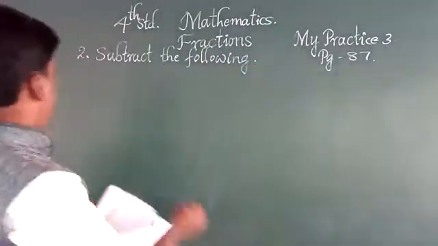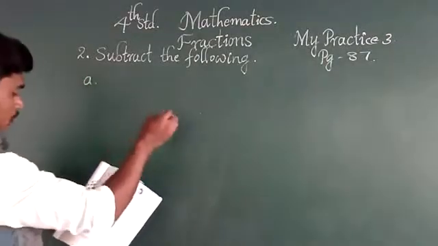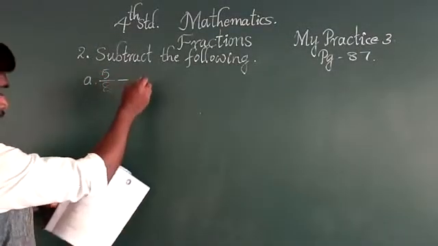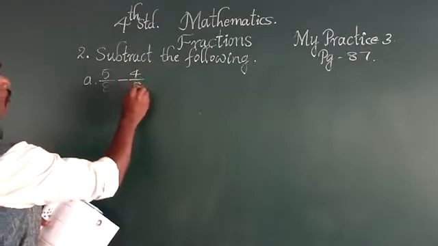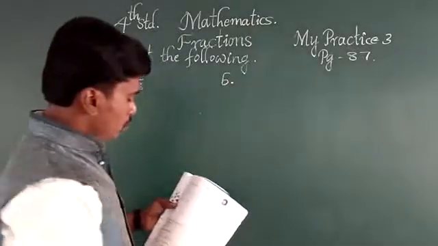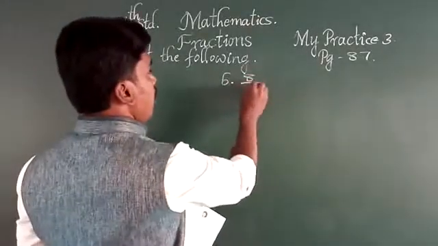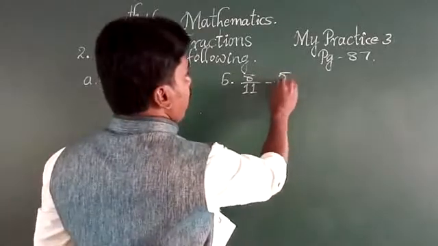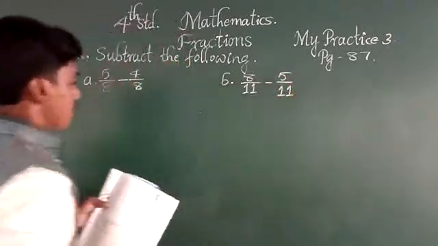Observe, dear children. A, 5 by 8 minus 4 by 8. B, 8 by 11 minus 5 by 11.